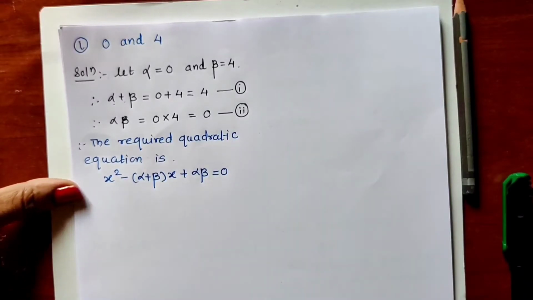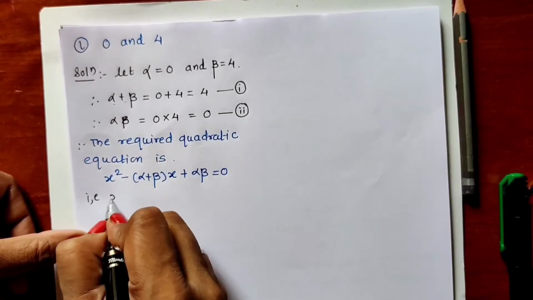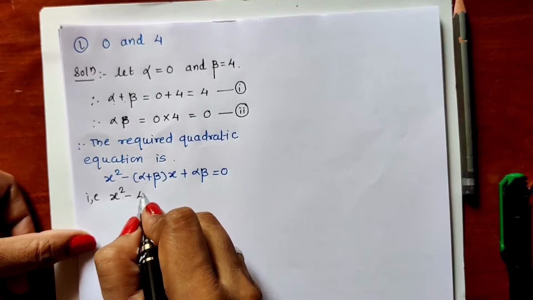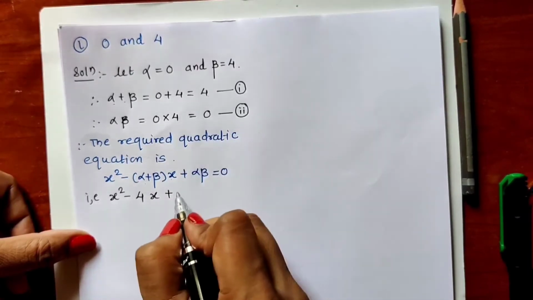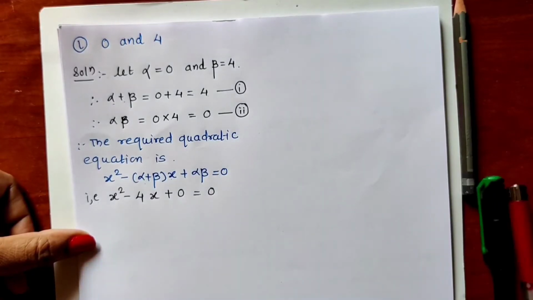So we will be putting the values of alpha plus beta and alpha into beta, that is x square minus alpha plus beta we have got 4, x as it is, plus alpha into beta we have got 0 equal to 0. So this is our required quadratic equation.